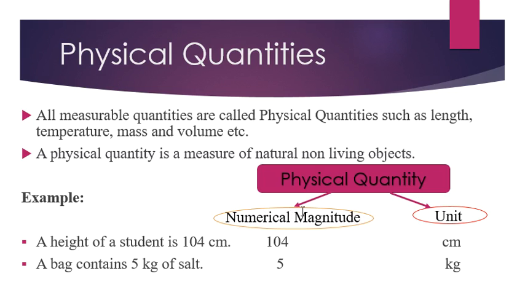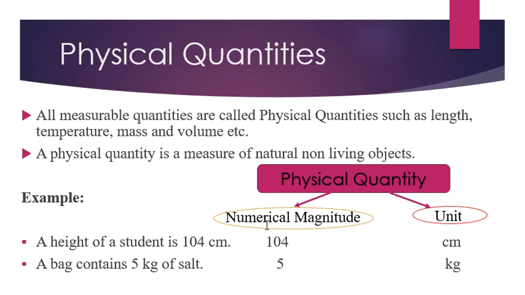So this 2 is the numerical magnitude because it gives us a number, like 2, 3, 4, any number. And then we have the unit, such as liters, kilograms, centimeters. For example, the height of a student is 104 centimeter. So 104 is the numerical magnitude and centimeter is the unit.